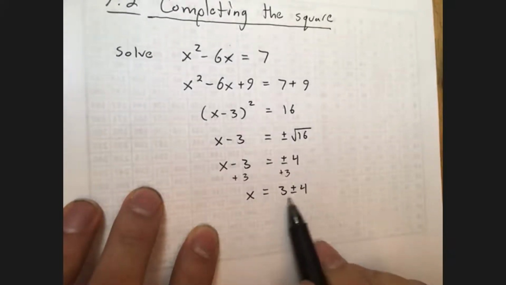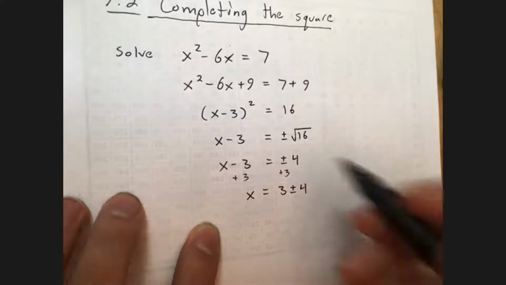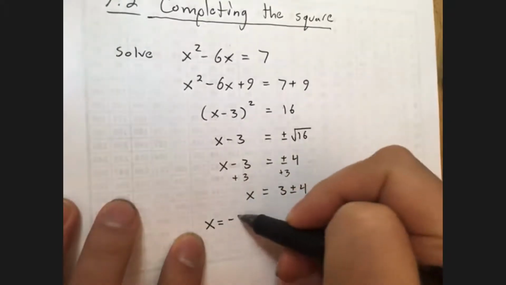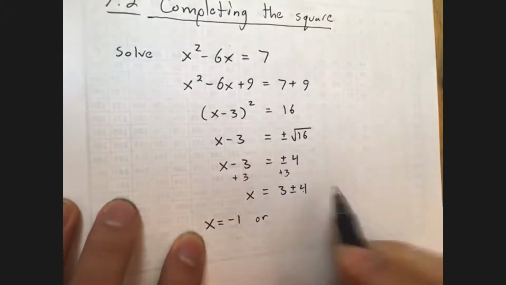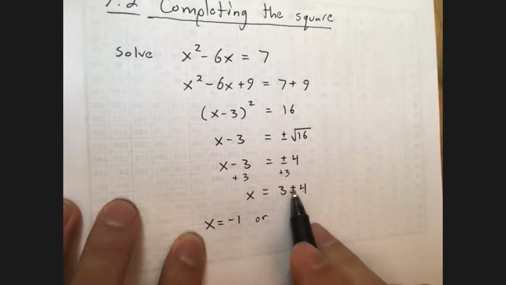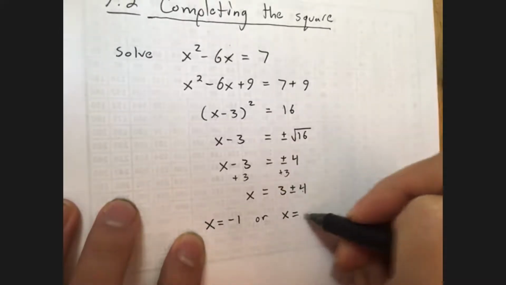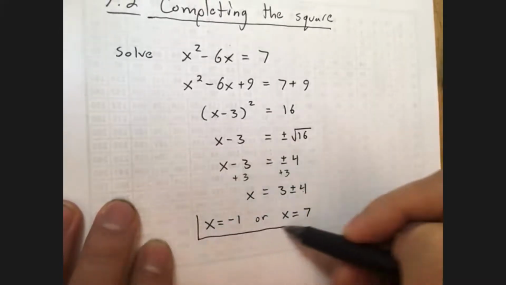This is giving me 2 different solutions. When I subtract 4, 3 minus 4 is -1. If I add 4, 3 plus 4 is 7. x equals -1 or 7. These are my 2 solutions.